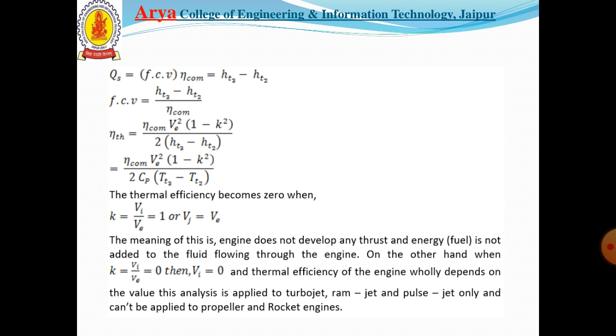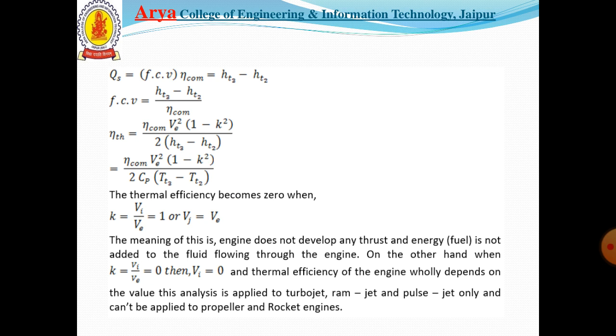Therefore f CV is equal to (H3 minus H2s) upon eta compression. Eta TH, the thermal efficiency, equals eta compression Ve square into (1 minus K square) upon 2 into (HT3 minus HT2), that is equal to eta Ve square (1 minus K square) upon 2 Cp T2 (T3 minus T2).